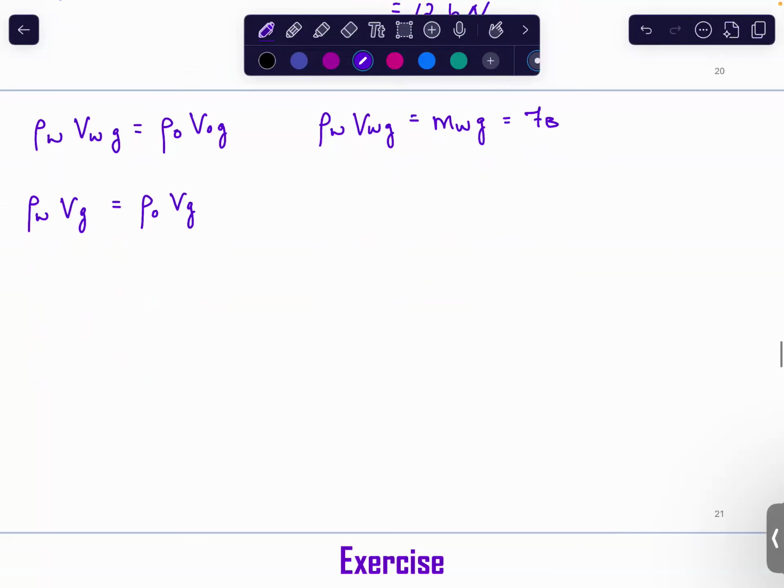So let's look at a ratio here. You have rho, the density of the object, over the density of the water. So this is directly from the specific gravity equation. Now, density is mass over volume.